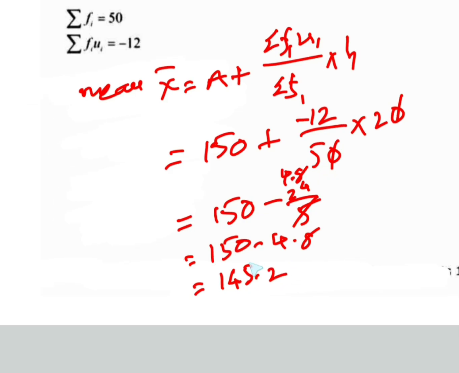So this is the mean. Each worker will get rupees 145.20, that means 20 paise. This is the mean.